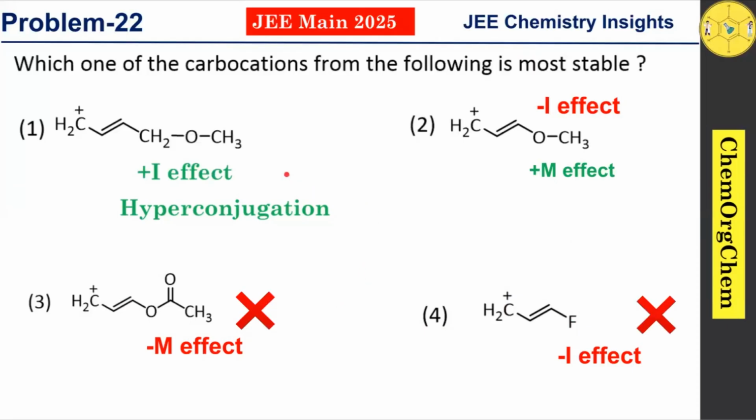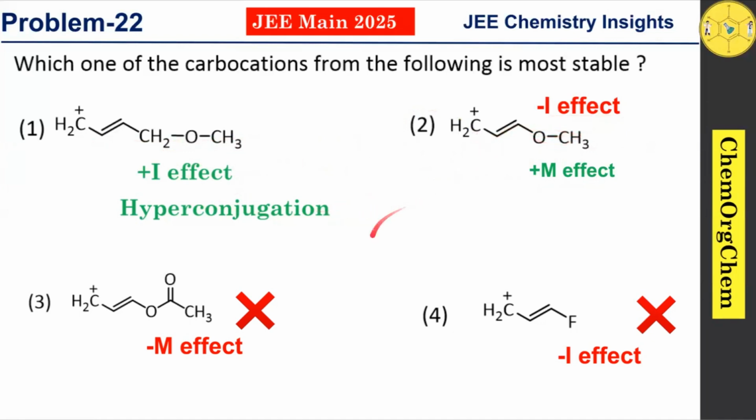So now let's think about option 1 and option 2. In option 1, this carbocation is stabilized by the plus I effect and hyperconjugation. In option 2, this carbocation could be stabilized by the plus M effect of the methoxy group. At the same time, the minus I effect can potentially destabilize it.